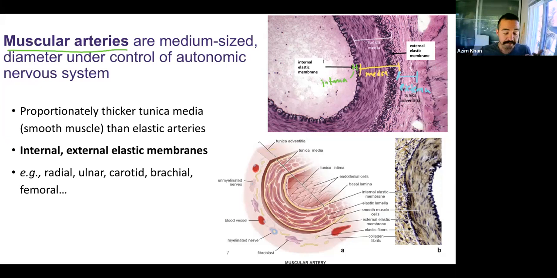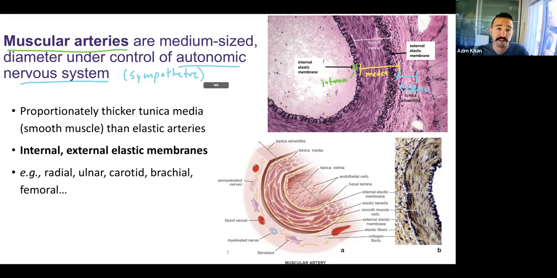Muscular arteries, the smooth muscle in tunica media, it can change size. How it changes size, it's under autonomic control, specifically the sympathetic nervous system. There is no parasympathetic innervation for blood vessel control. Unlike, say, the stomach.